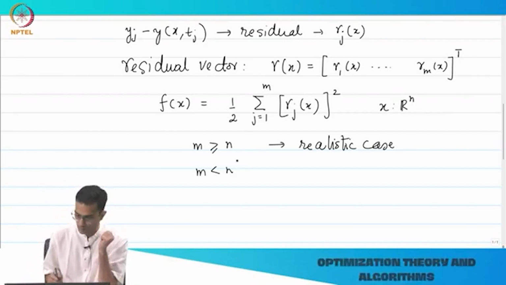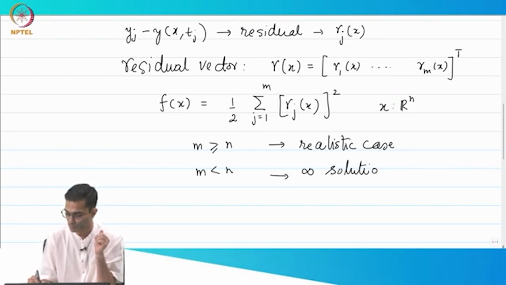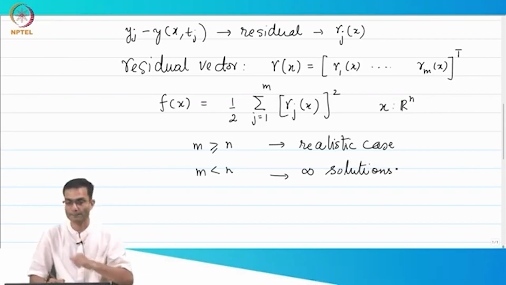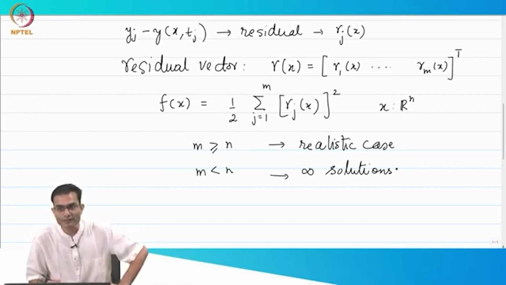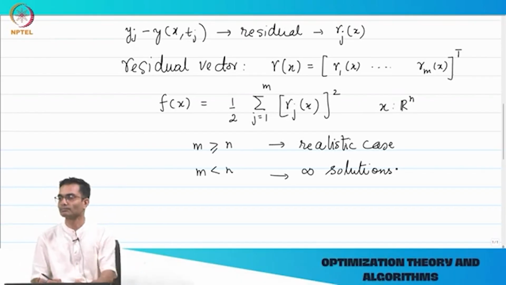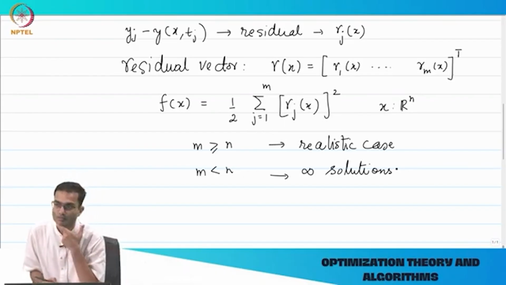In principle, this is the situation where you can have infinite solutions. When you have infinite solutions, then some solutions come with some special properties, right?